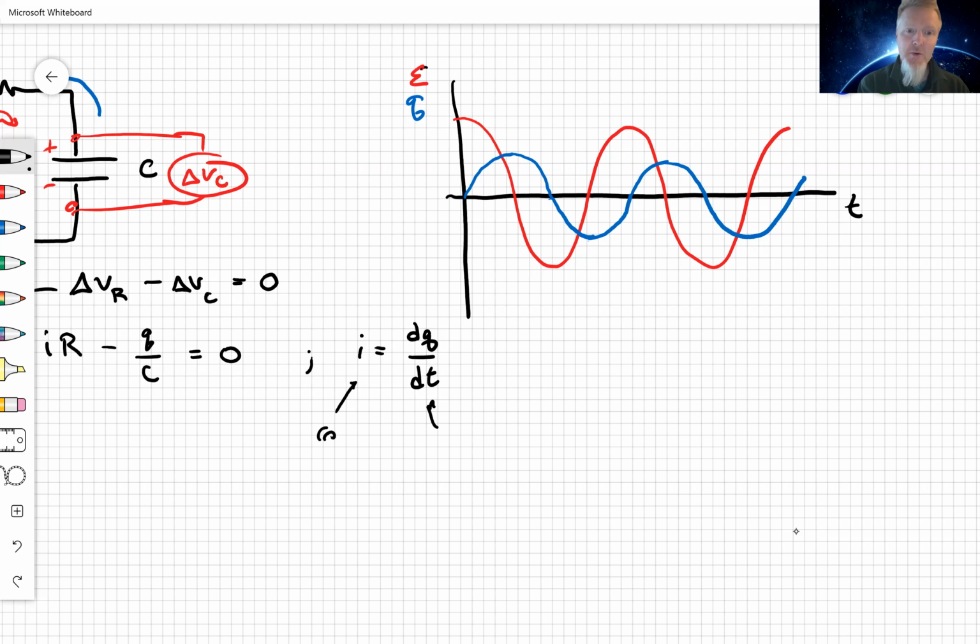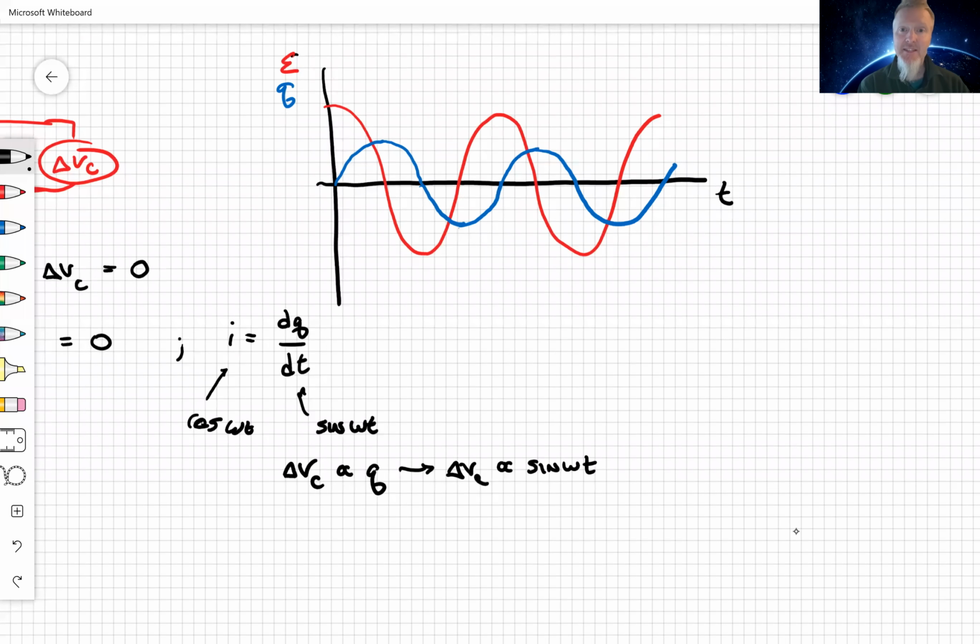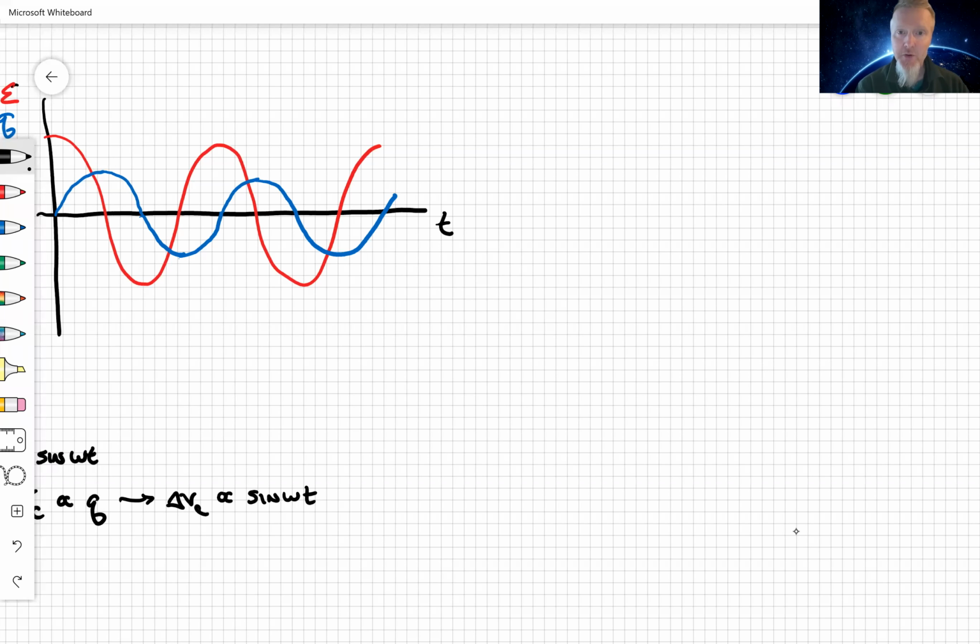So if that's cos omega t, then this becomes something like a sine omega t. I know there's minuses and whatnot involved, but never mind that. Okay, sine omega t. But notice that the voltage across the capacitor is proportional to the charge, which means that delta VC is proportional to sine omega t, just like the charge is. Okay, so the voltage across the cap is out of phase with the voltage on the source.